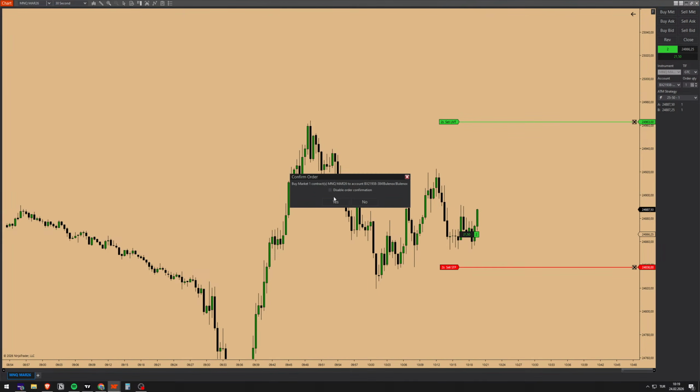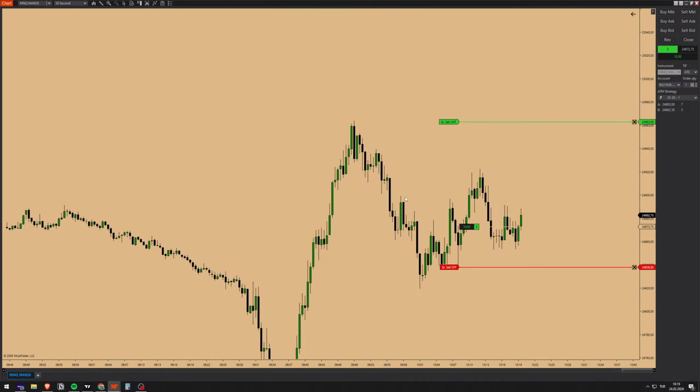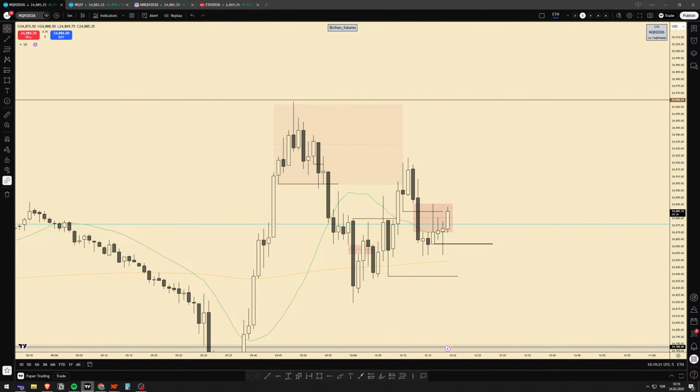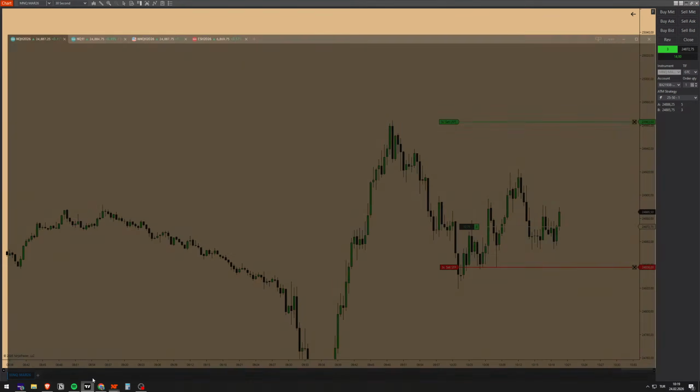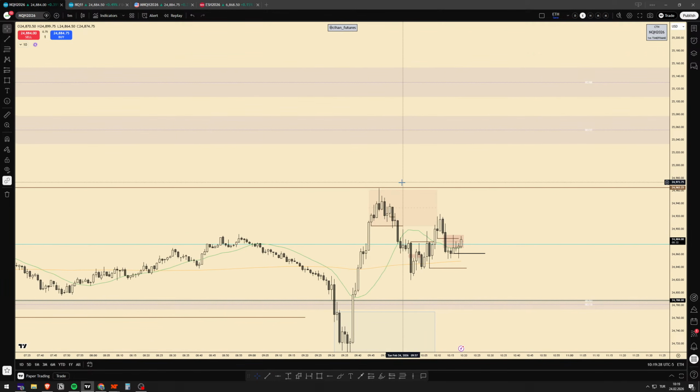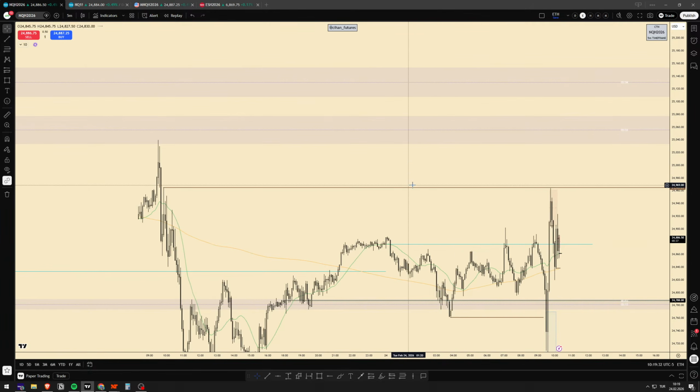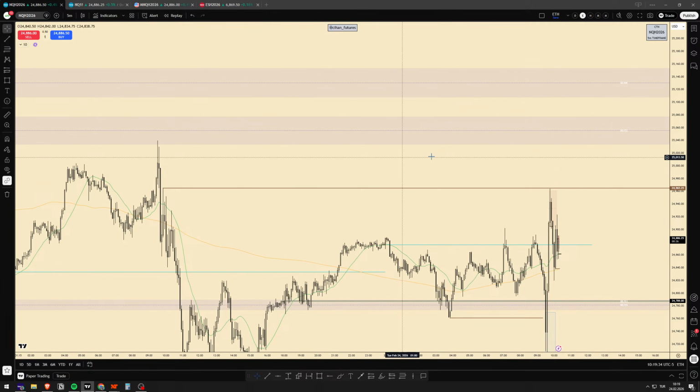I will add another one in here. Now I want to see price going where. First of all, I want to see this high getting taken. And I want to see price tapping this weekly opening gap.